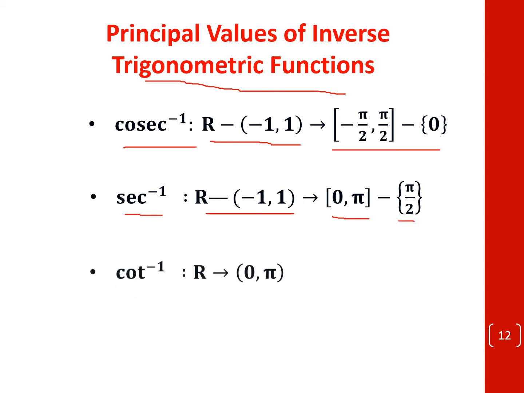And cot inverse is from real numbers to open interval 0 to pi. See student, these are all principal value branches of cosec inverse, sec inverse and cot inverse. We have to use these principal value branches while solving examples.